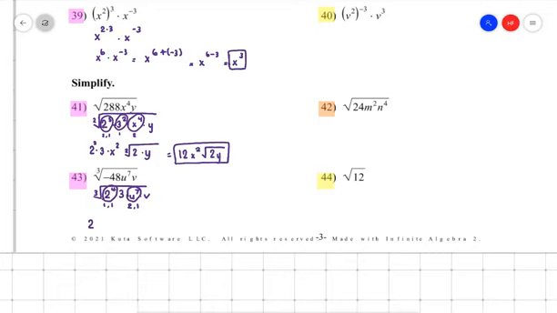So we're taking out a 2 and 2 u's. Remaining inside is a 2, a 3, a u, and a v. So we've got 2u squared cube root of 6uv.